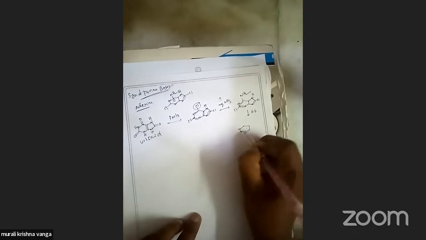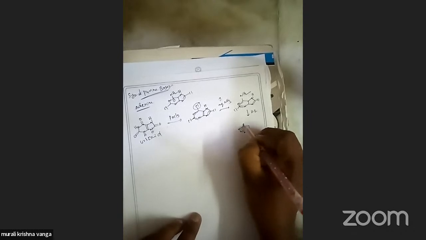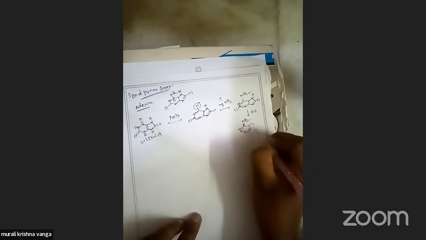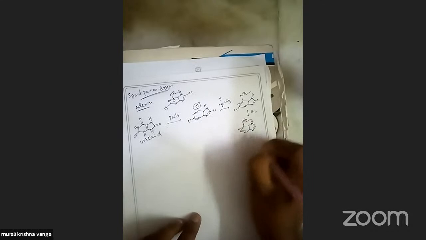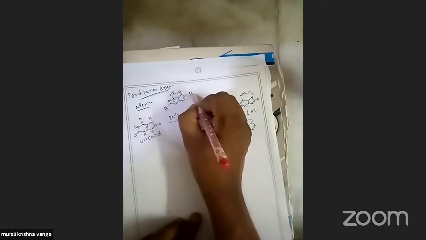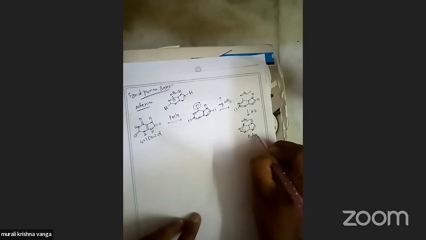Then the product is adenine. Next one is the synthesis of guanine.